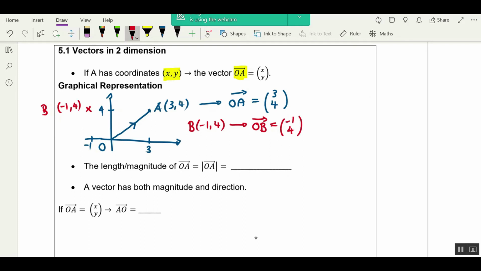In coordinate geometry, how do I find the length of OA? My x coordinate is 3, my y coordinate is 4. It is the Pythagoras theorem, so it will be the square root of 3 squared plus 4 squared, and you get 5 units.